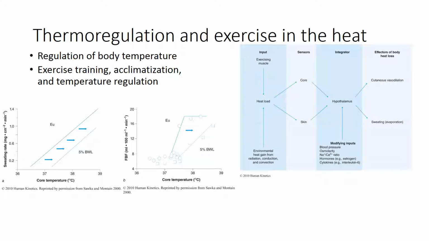Now, what you can do is try to mimic heat stress. How can we mimic heat stress? Saunas, wearing a lot of clothing so that you're purposely trying to overheat yourself. So you're getting a little bit of that effect without actually being able to be in those environments. Okay?